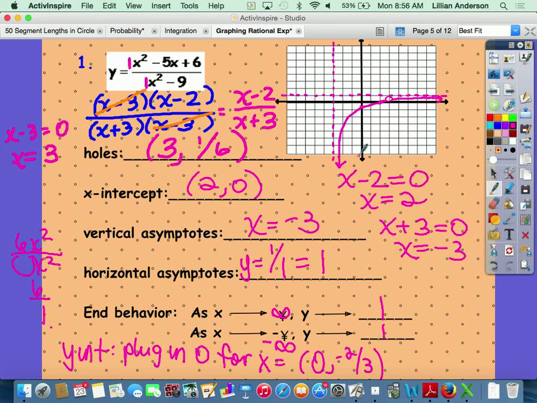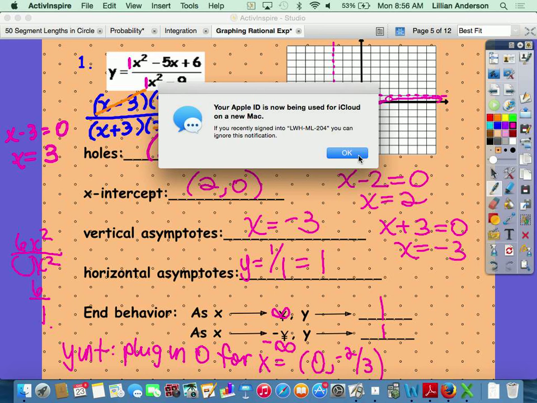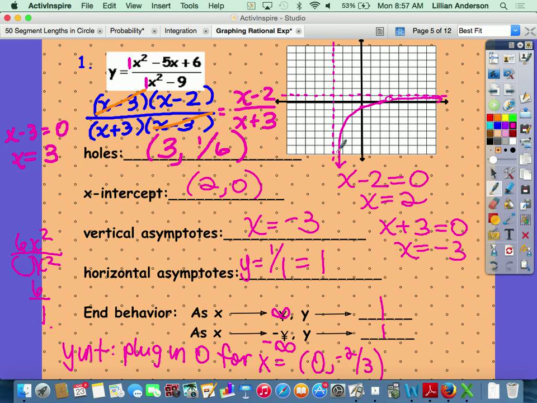So if you do not believe me that every time you have a rational expression, when the curve is in the bottom right, there will be another corresponding one in the top left, then you can always do a table. But I'm telling you, every single time, it's always going to be opposite areas, okay? So the other curve is going to exist up here.